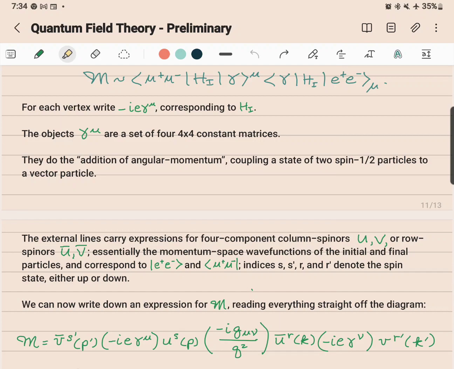The e plus e minus is incoming, so this is represented by U and V, and the mu one is represented by this one. It's the outgoing.